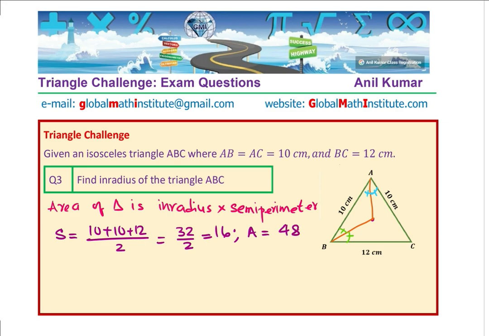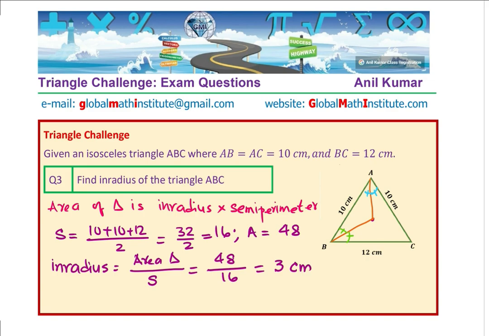And therefore, Inradius will be what? Inradius will be area of the triangle divided by S, the semi-perimeter. So it is 48 over 16, and that gives us a value of 3, sorry. 48 by 16 is 3. Okay? So we get Inradius as 3 centimeters.